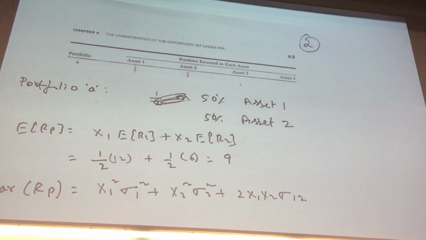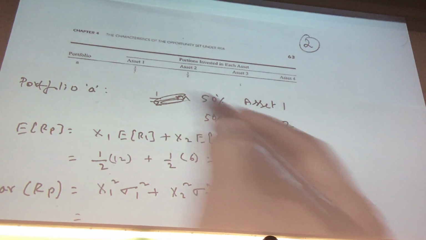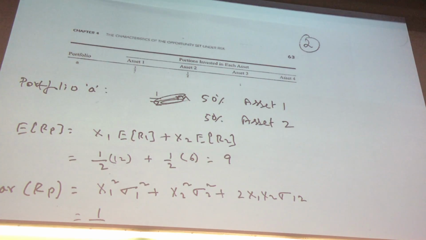Okay. We have all these values. X1 square, we know the portfolio weights, that is half square. Sigma 1 square, the variance of the first asset. What's the value? 8. I'm just using 8, because I don't know whether I have solved this problem or not, but let me see that.